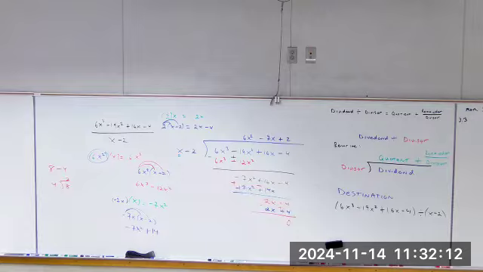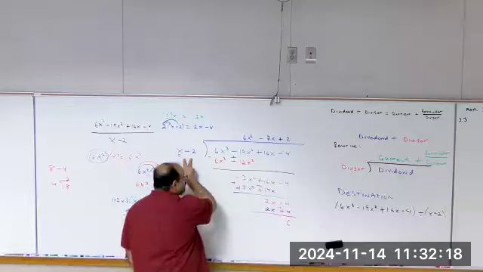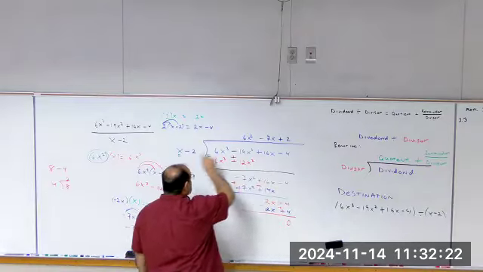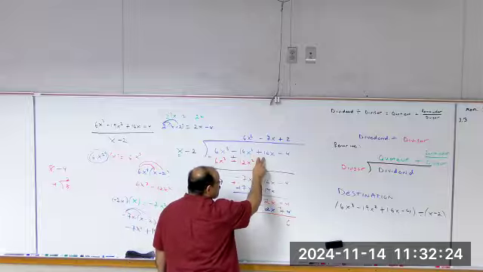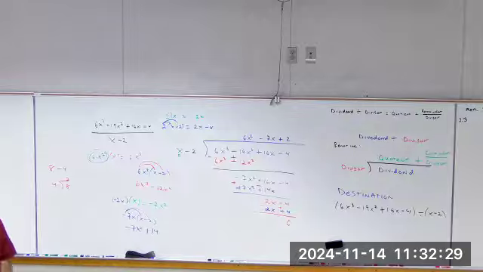It's a factor of 8. If x minus 2 goes into this evenly, that means x minus 2 is a factor of 6x to the third minus 19x squared plus 16x minus 4.